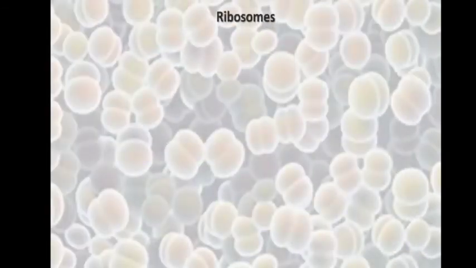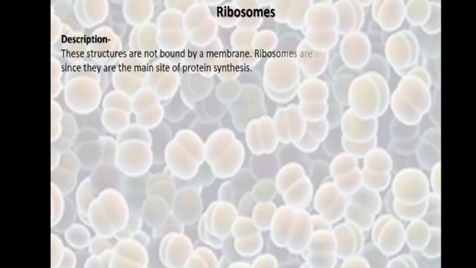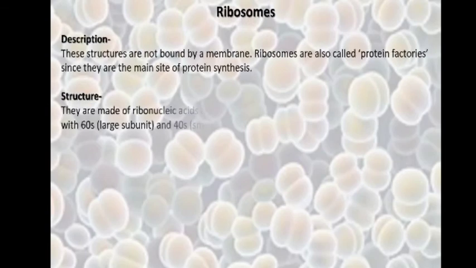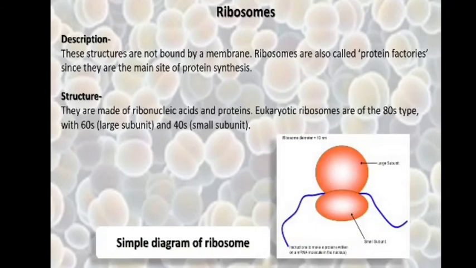Now we will discuss the non-membrane organelle, that means the ribosome. Today we will discuss only the eukaryotic ribosome. Ribosomes are a large and complex molecular machine that catalyzes the synthesis of proteins, referred to as translation.